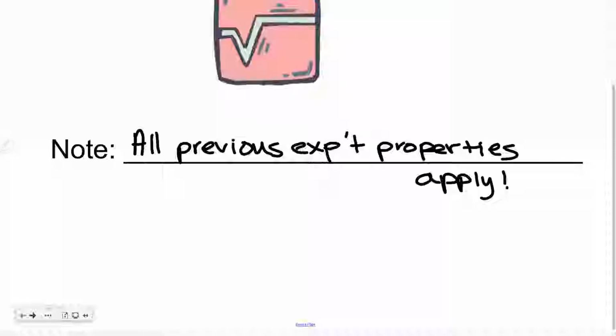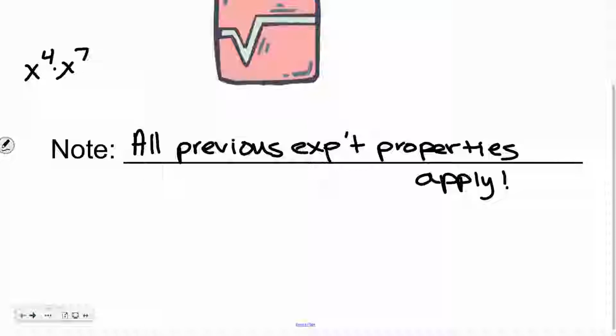So you already know some properties of exponents from Algebra 1. So when I talk about previous exponent properties, just as a quick review, I'm talking about things like this.